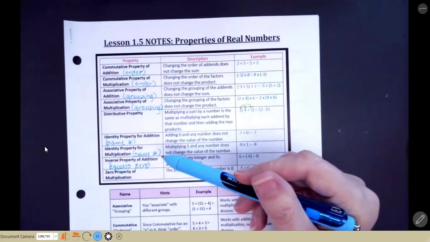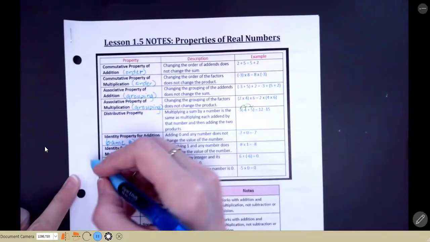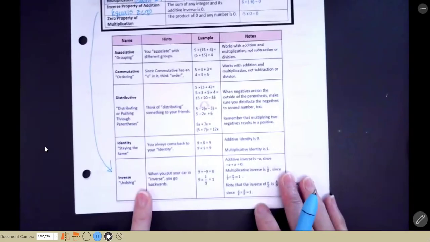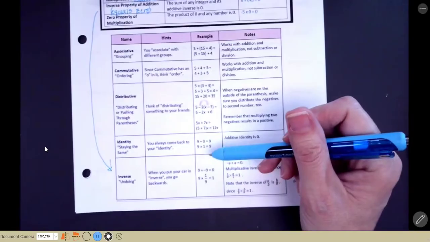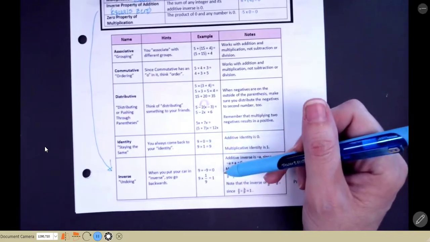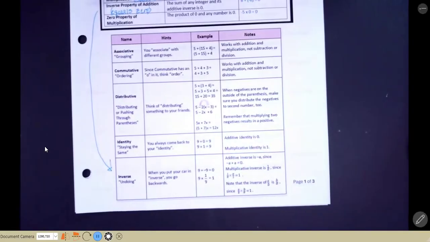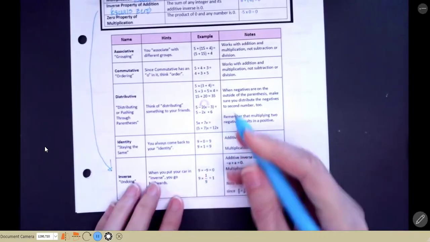There is an inverse property of multiplication that I'm going to have you come down here. I'm drawing an arrow down here. We said that the inverse property of addition results in 0, but the inverse property of multiplication results in 1. So if I multiply 9 times 1/9, I'm going to get 1.